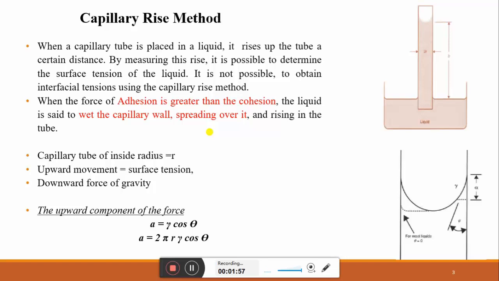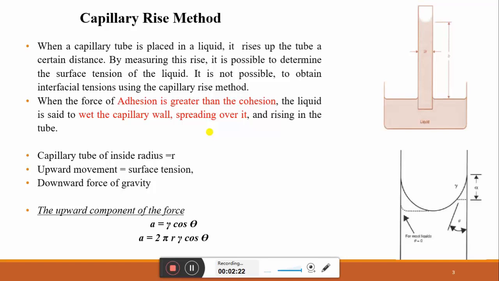Because of that adhesive force, water wets the glass surface and after wetting it, it starts rising into the capillary. This is because the adhesive force between glass and water is greater than the cohesive force between liquid molecules. The rise up into the capillary is related to the surface tension of the liquid.